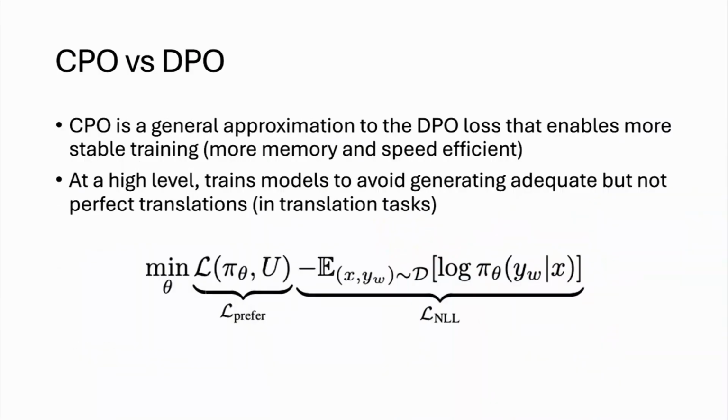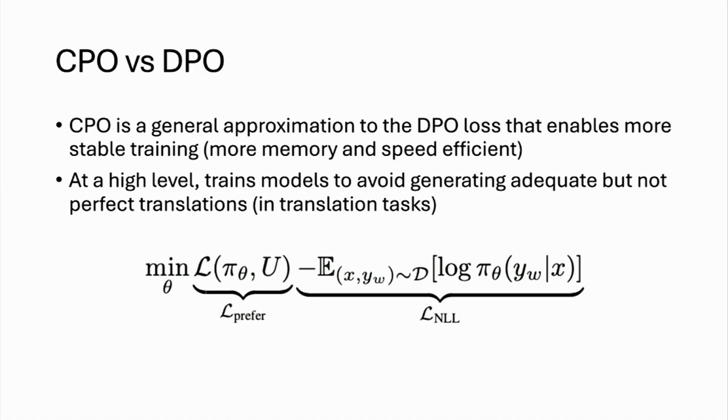And going into a little more detail of contrastive preference optimization versus direct preference optimization. Contrastive preference optimization can be seen as a general approximation of direct preference optimization. It's known to be a little more memory and speed efficient, which is why we chose it. At a high level, it trains models to avoid generating adequate but not perfect translations in translation encoder-decoder tasks.